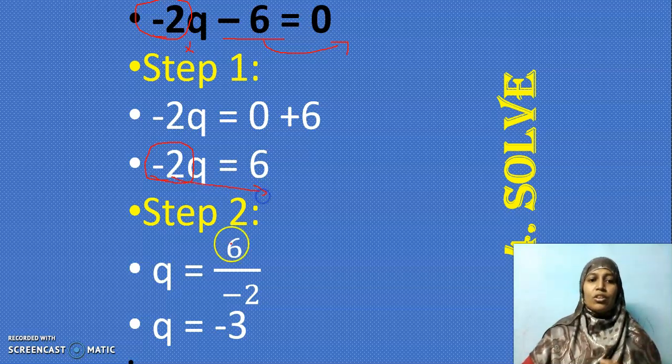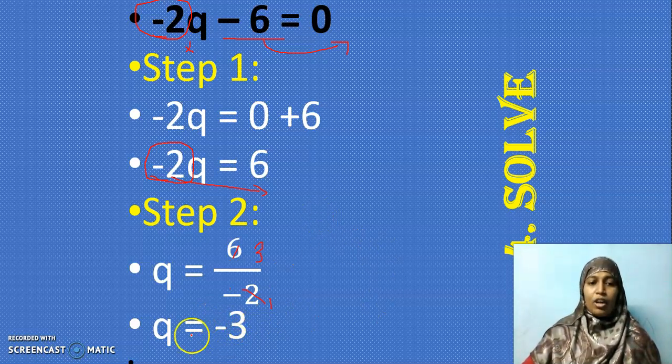Here it comes to division. Now you know how to write this fraction. It is not meaningful if I have a negative sign in the denominator. So, this negative sign is considered in the numerator. So, 1 2 is 2, 3 2s are 6. What is the value of q? q is equal to minus 3.